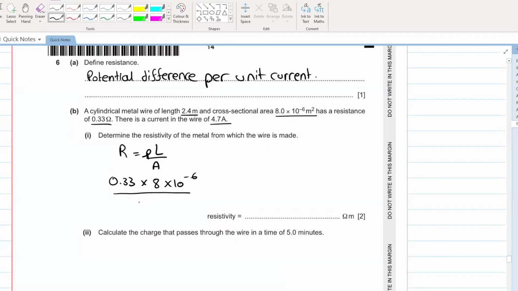What is length? 2.4. What does your resistivity come out to be? 1.1 into 10 raised to the power of minus 6 is your answer.